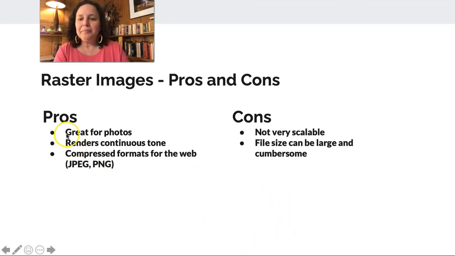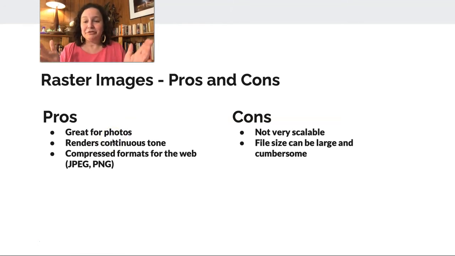Now, let's think about the pros of the raster / pixel image, and it's great for photos. In fact, you can't do photos with vector graphics, so it's really the only class of digital image that you can work with when you have a photo.